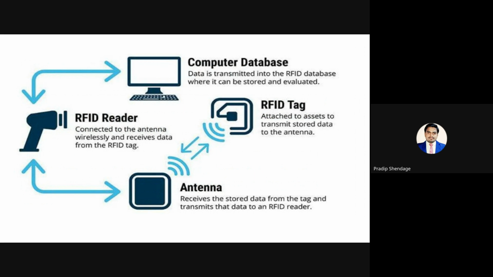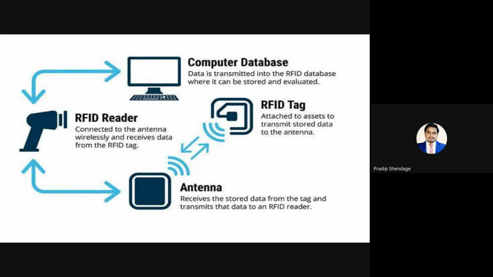The antenna will receive the data stored in the RFID tag and transmit it to the RFID reader. The RFID reader is connected to the antennas, wired or wirelessly, but mostly wirelessly, and it receives data from the RFID tag. Finally, it forwards this data to the computer database, where it can be stored and validated. So this is the working of RFID technology.